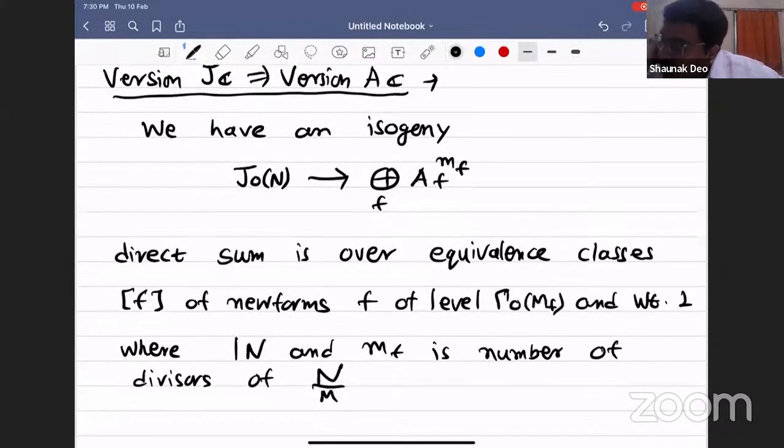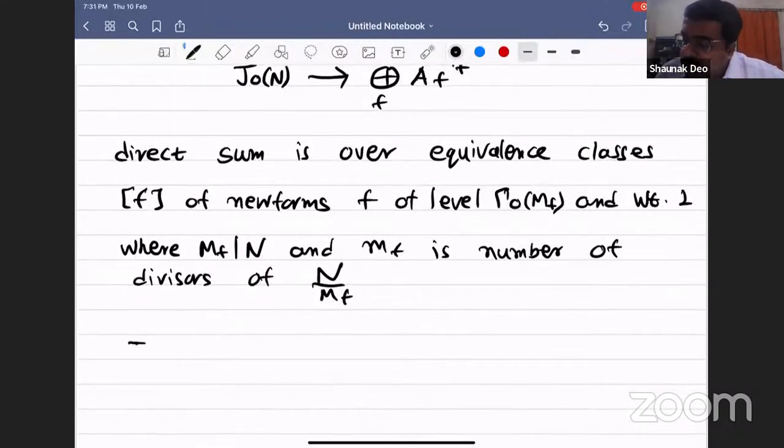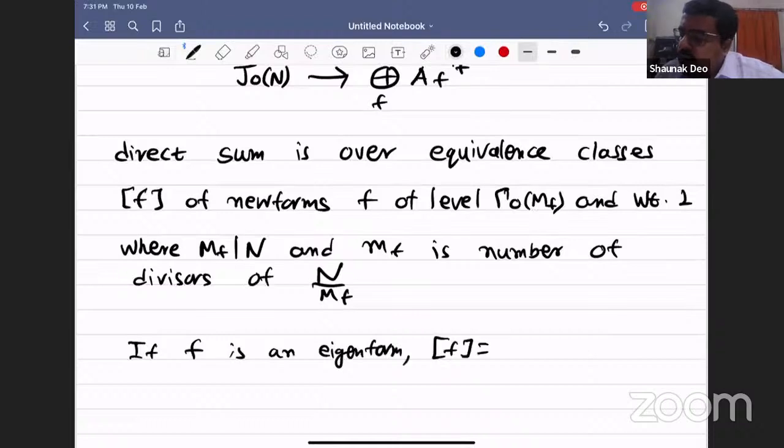So this is gamma naught of MF, and this is MF, and this is MF. So basically, the point is, if f is an eigenform, then this equivalence class is defined to be the set of all f sigma, where sigma is an embedding.